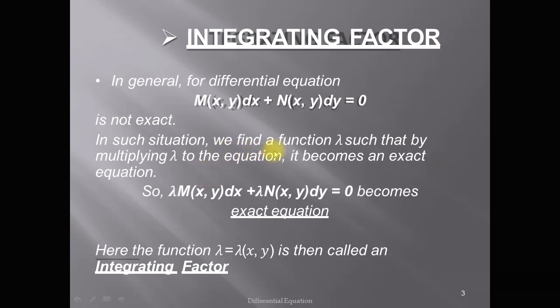So if we multiply this integral factor lambda to the given differential equation, we get lambda M dx plus lambda N dy is equal to 0, which will be an exact equation. Hence the function lambda is then called an integral factor.